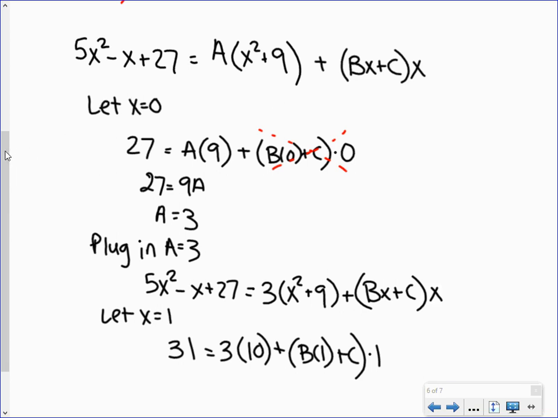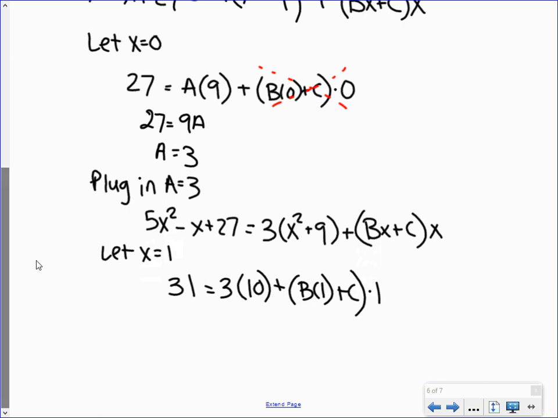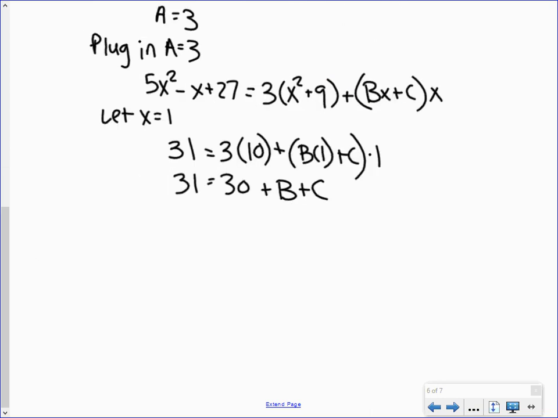And do a little simplifying there. 31 equals 30, and then this is just b plus c, right? Plus b plus c. Subtract 30. 1 equals b plus c.